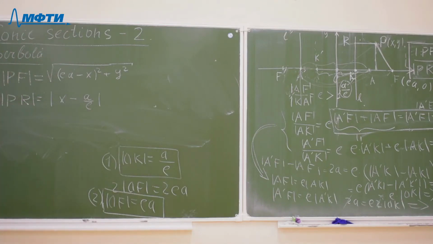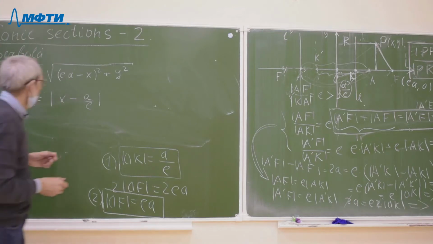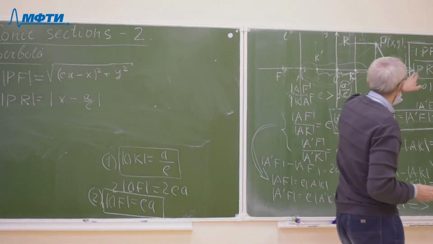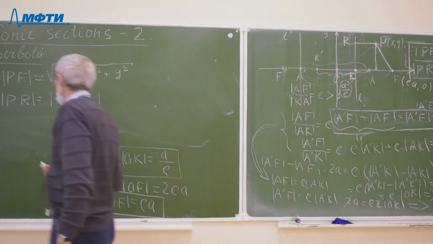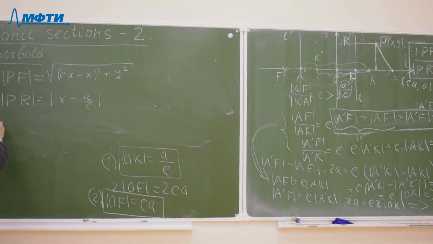And we can use this definition. PF is equal to E times PR.